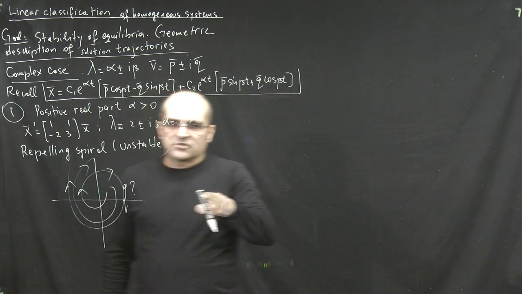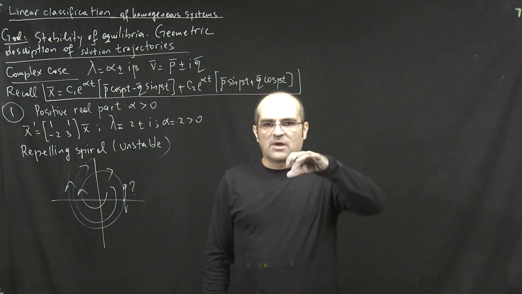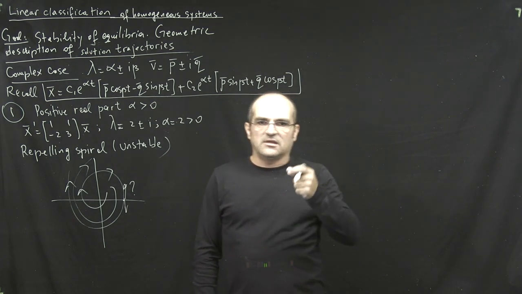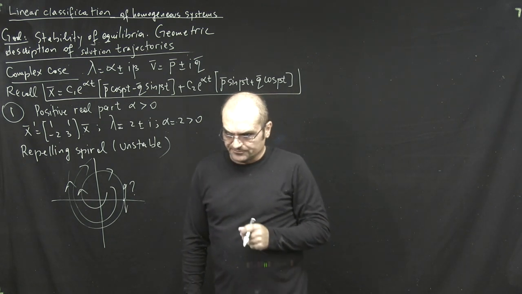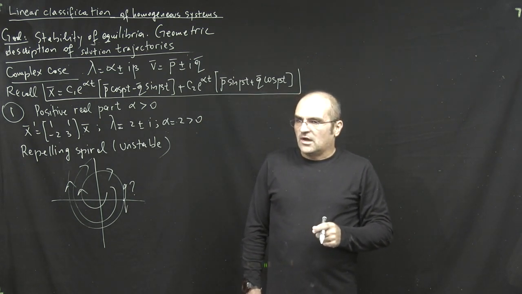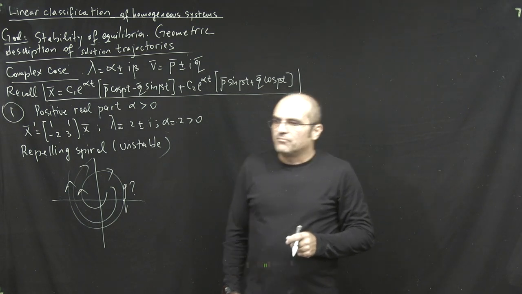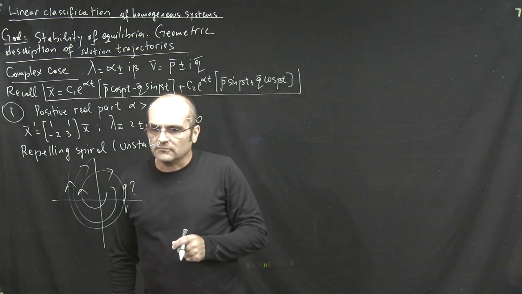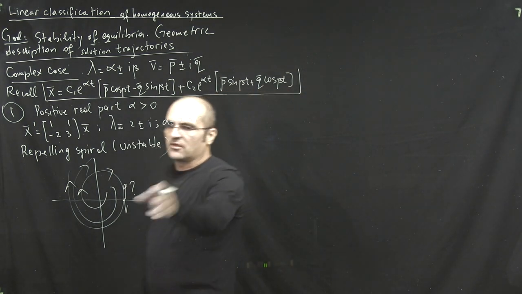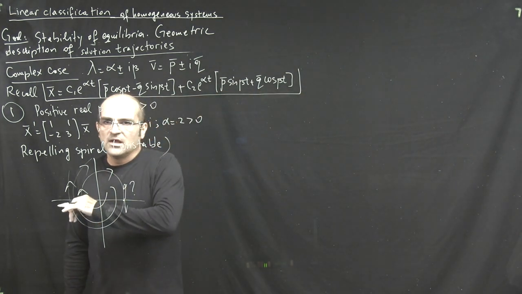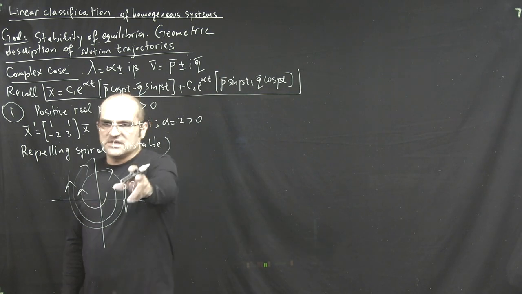Then you would know immediately the sign of one of the components of the tangent vector. That's one way, but I'm not going to go into that. So again, it will be either clockwise or counterclockwise, but away from 0.